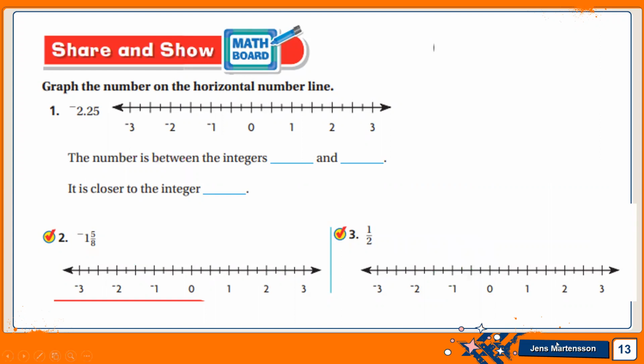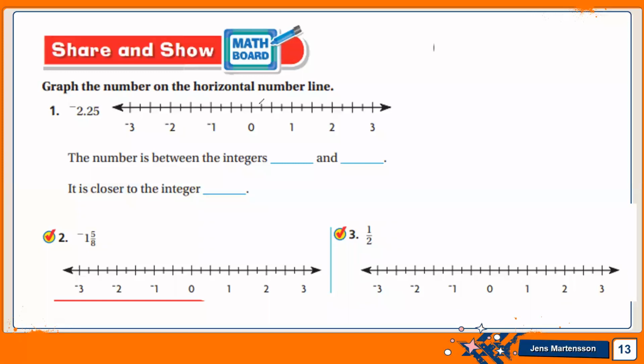Go back to page 153. Now look at this one here, in number 1. I told you that the vertical number line could be divided by 4 or by 8. If it is by 8, you will count 1/8, 2/8, 3/8, and so on. But look at this one here.